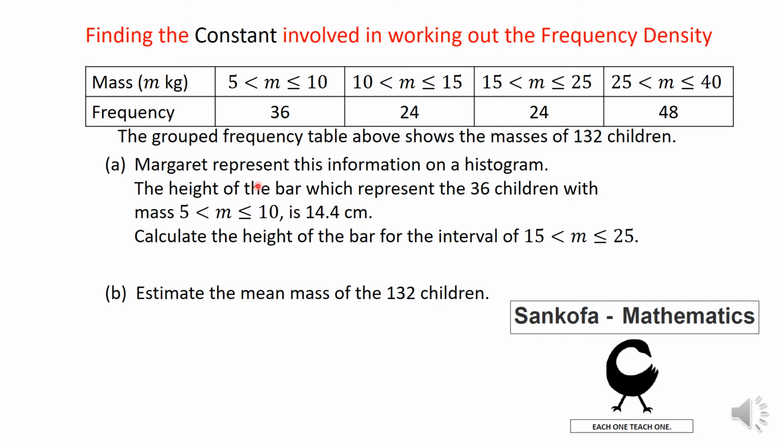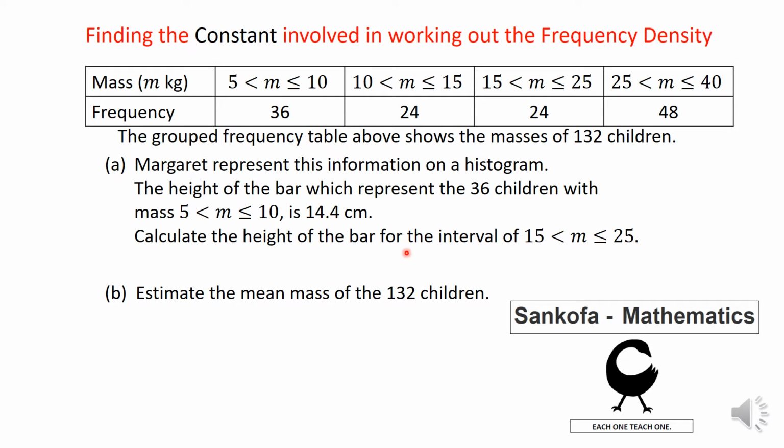Now, Margaret represents this information on a histogram. The height of the bar which represents the 36 children with a mass of between 5 and 10 kilograms is 14.4 centimeters. You're supposed to calculate the height of the bar for the interval between 15 and 25 kilograms.